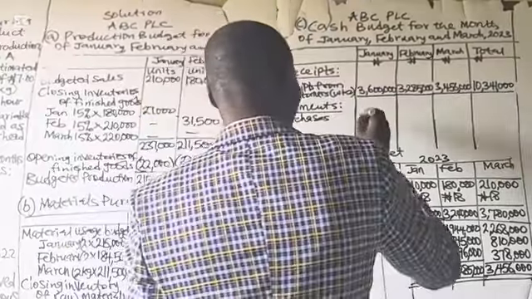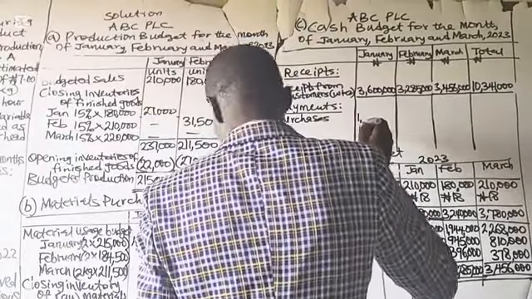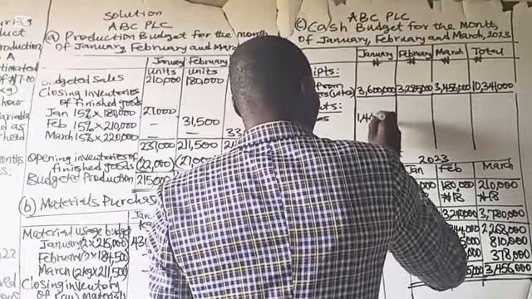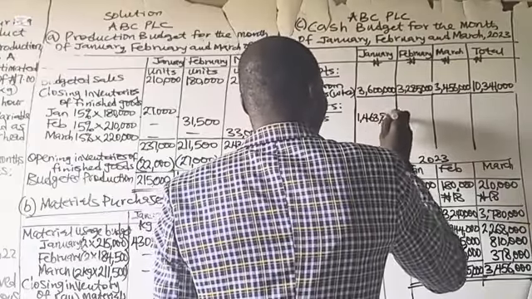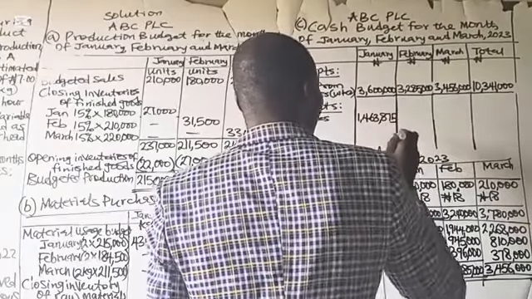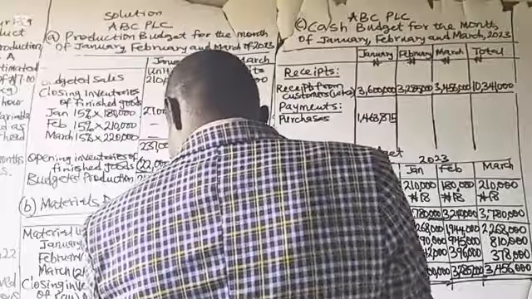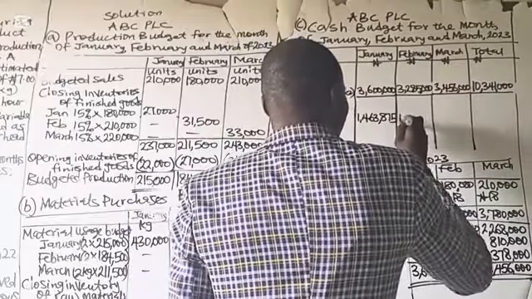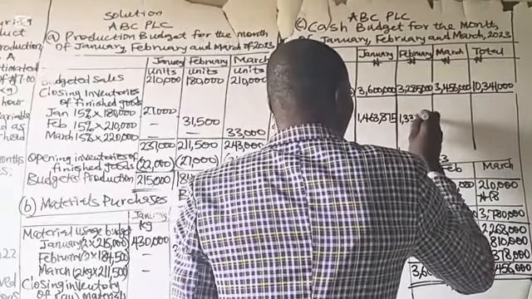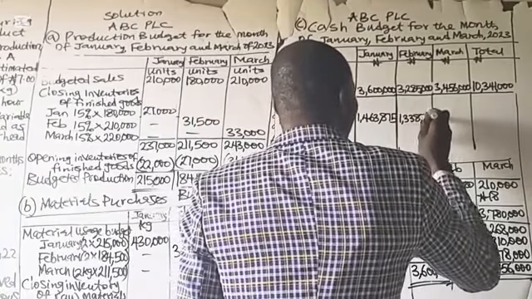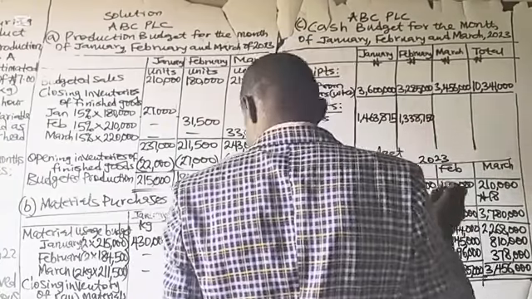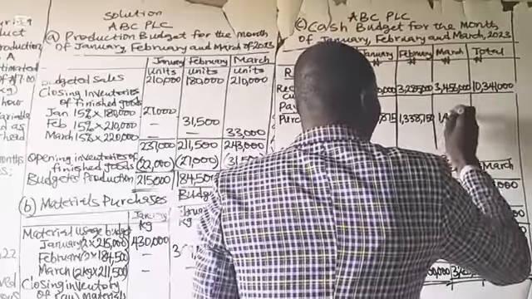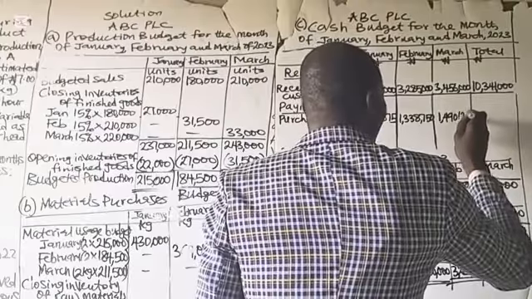So we have material purchase. This material purchase was obtained from the purchase budget. In January, we have 1,463,875. In February, we have 1,338,750. In March, we have 1,490,125.